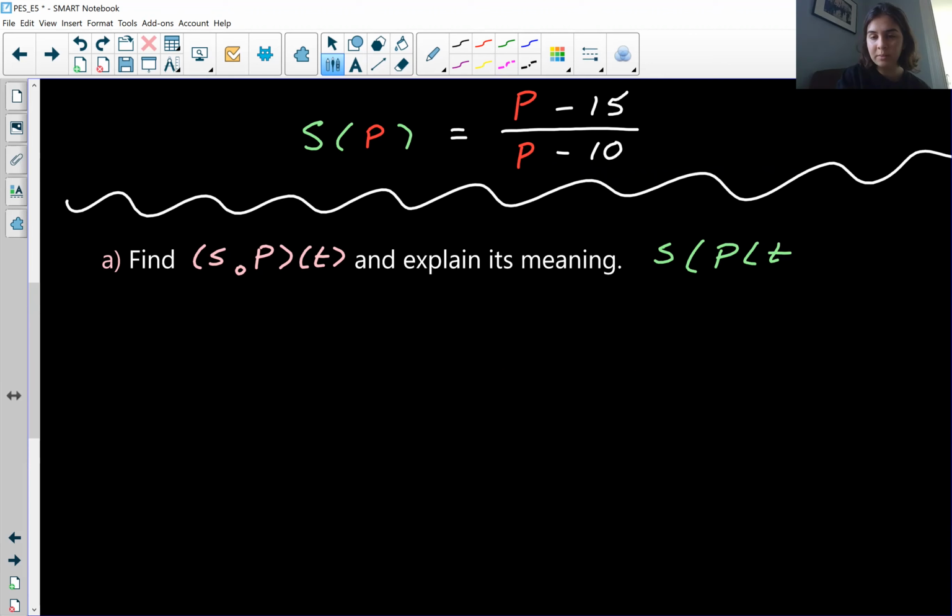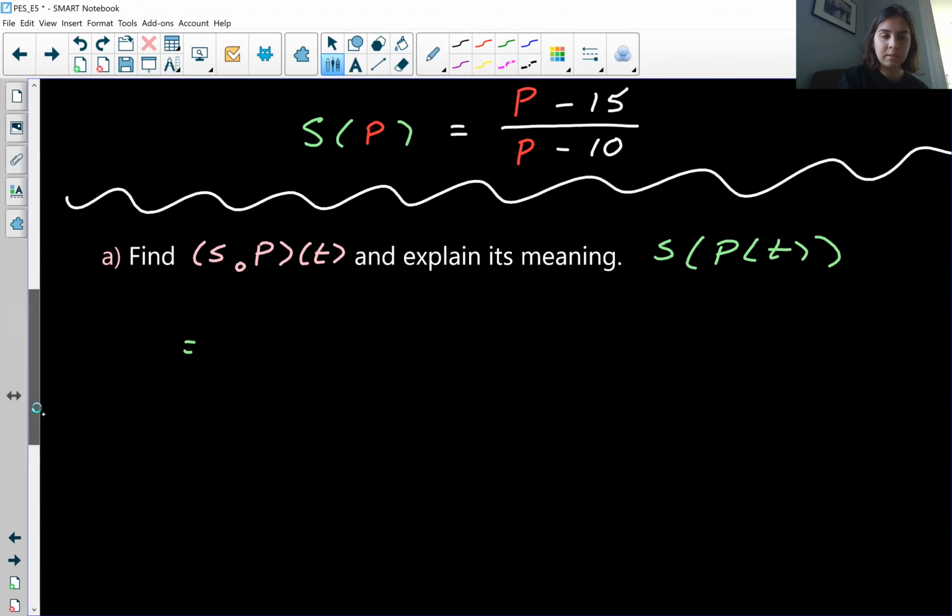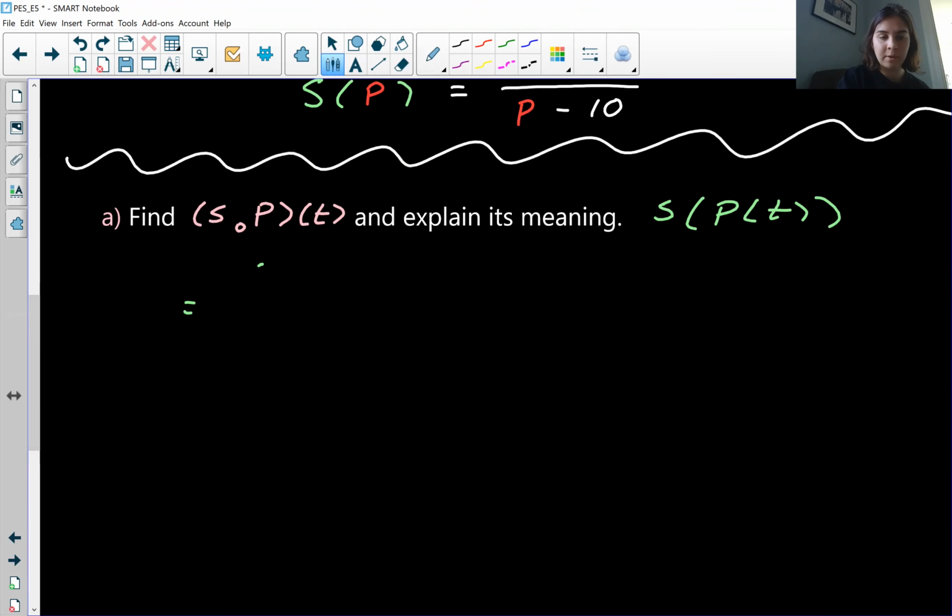So we can also write it this way, s of p of t. So anywhere that we see p, we have to plug in p of t. So that is going to equal, p is right there. Let's go back to our p of t. Looks like that. Going to use the power of memory.